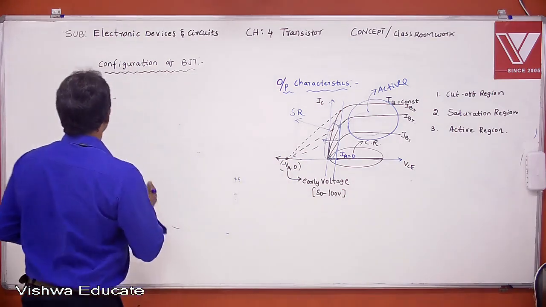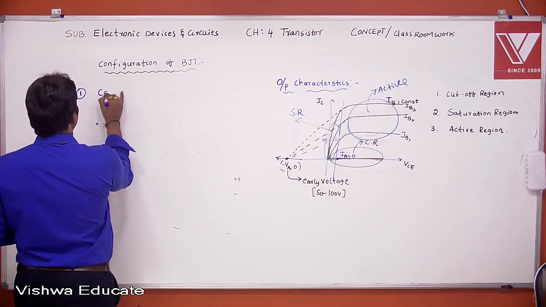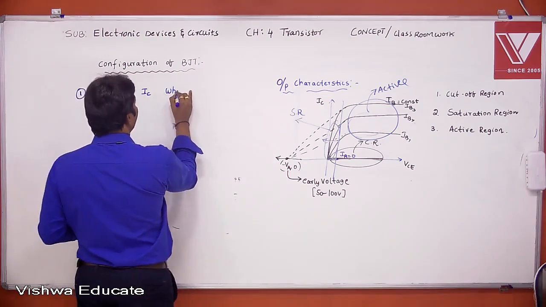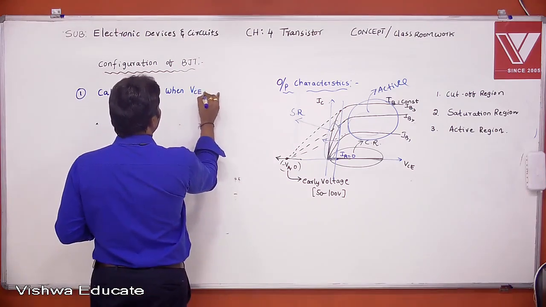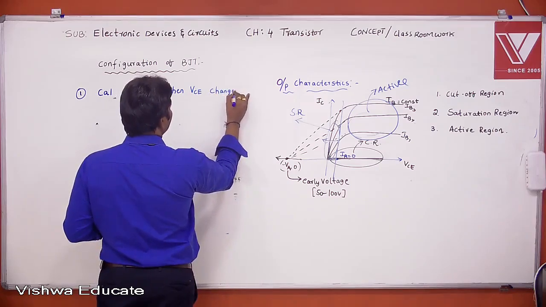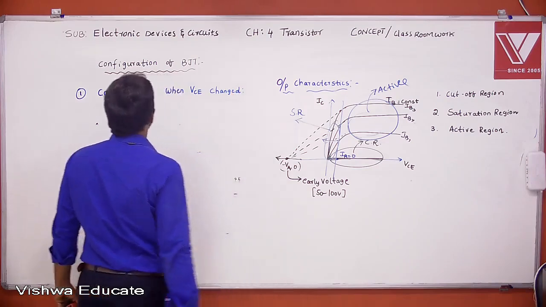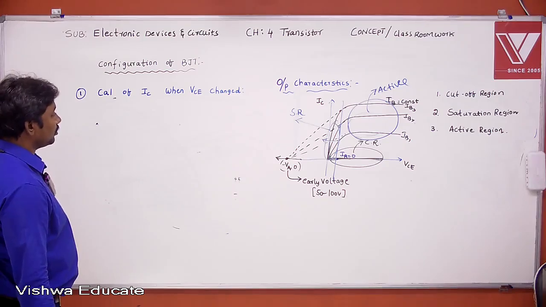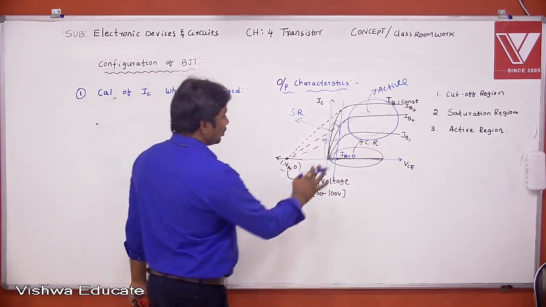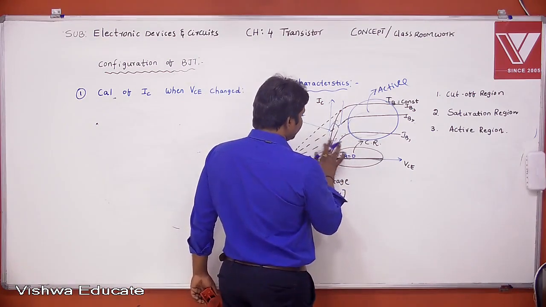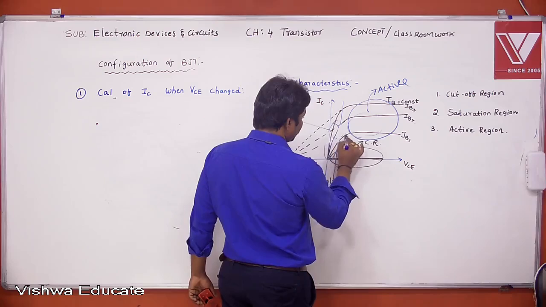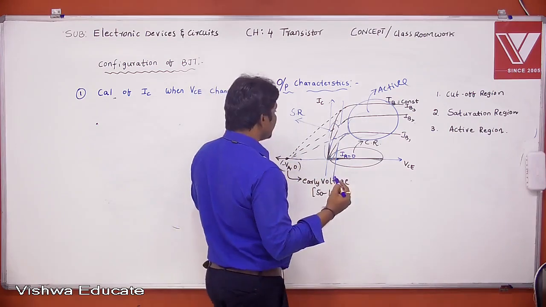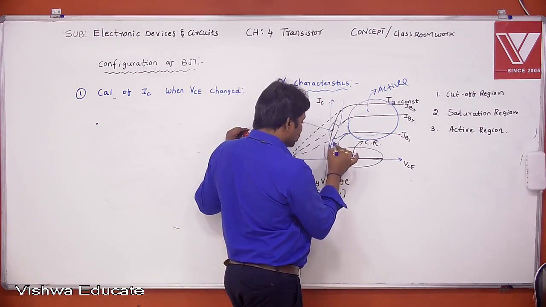The first heading: calculation of IC when VCE is changed. To calculate this, I am considering a point.